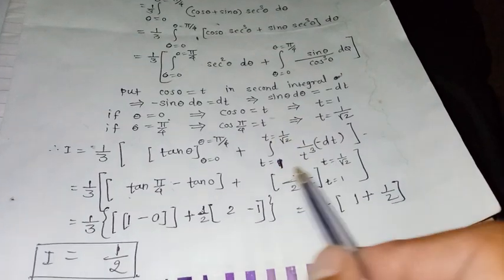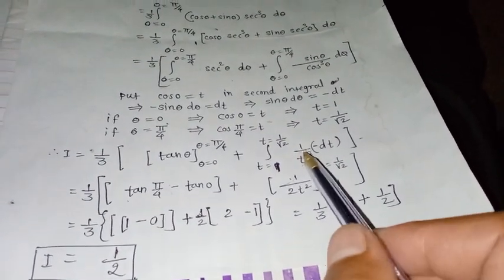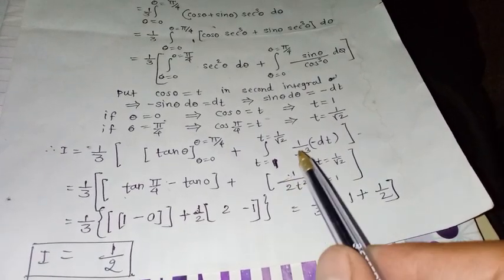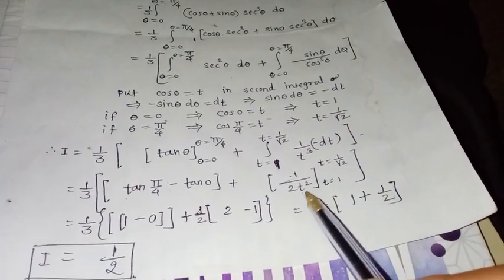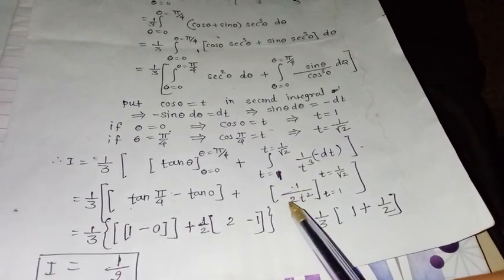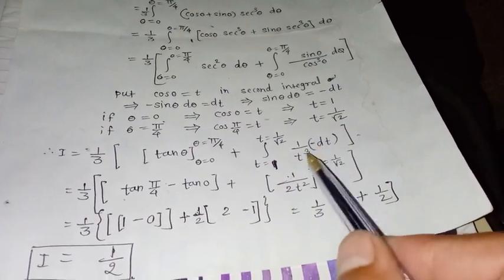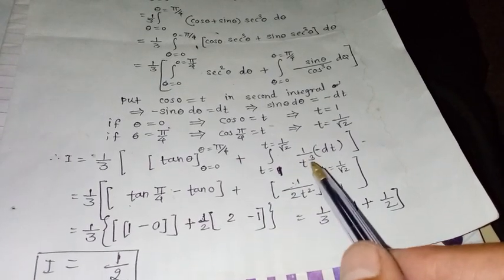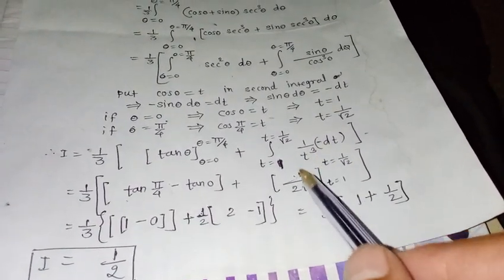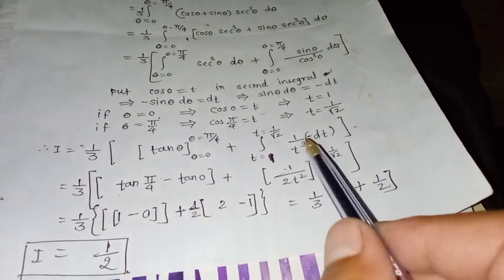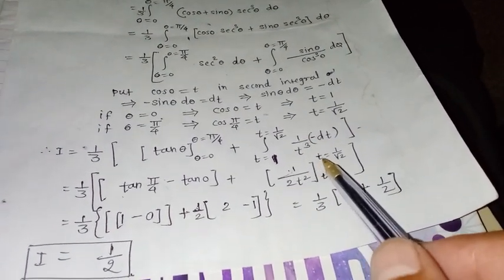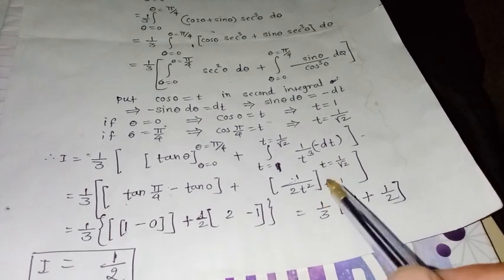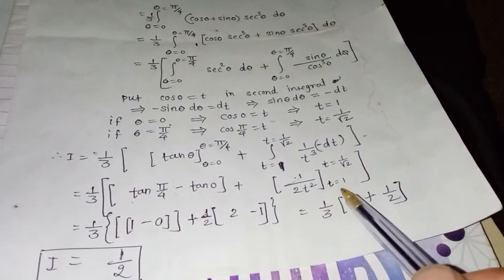Now we are solving this second integral, so if I take integration with respect to t, we'll get minus 1 upon 2 t square, but one minus sign is already there, so minus minus will get plus. So integration of 1 upon t cube is nothing but minus 1 upon 2 t square, and we are putting now the upper limit, that is t equals 1 upon root 2, and the lower limit, that is t equals 1.